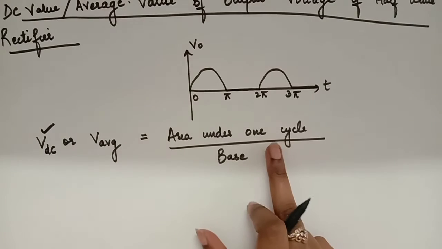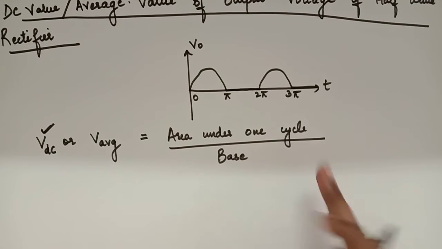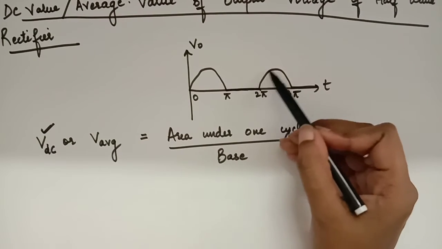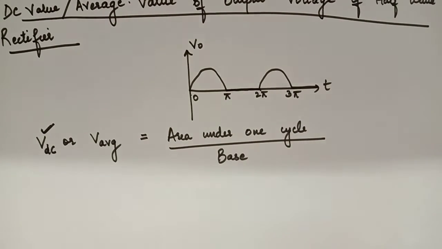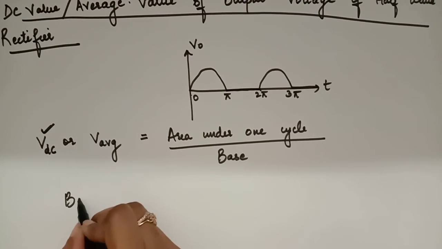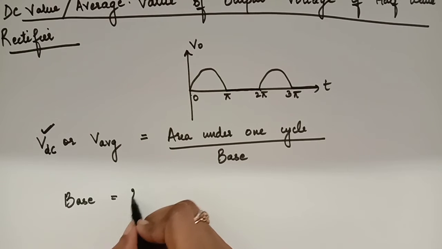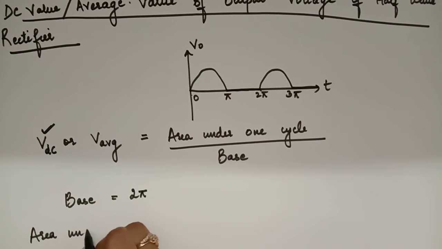And if we want to calculate the area under one cycle, first of all we should understand where one cycle is from and to. One cycle is from 0 to 2 pi, because after 2 pi it starts repeating itself. So base is simply one cycle distance, that is 2 pi. And now we are going to calculate the area under one cycle.